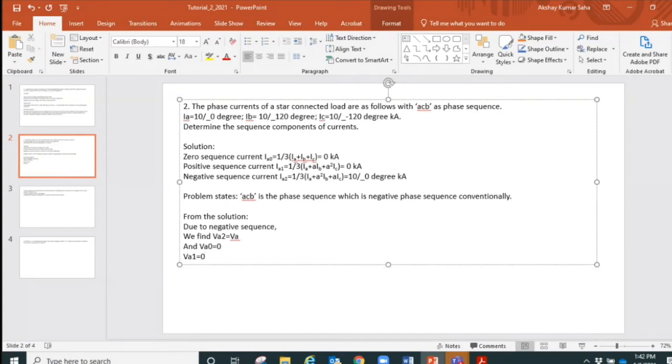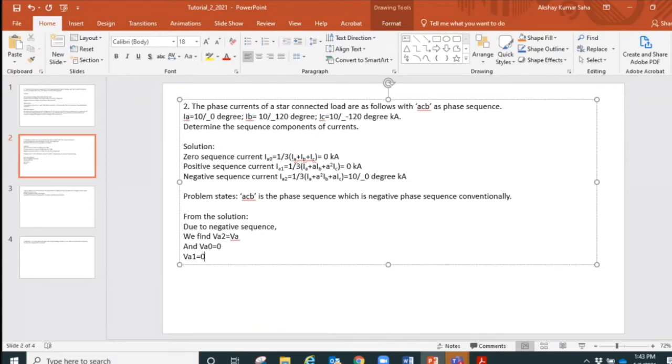So when it's a negative phase sequence, the negative sequence component will be present. The other two will be 0. When the phase sequence is negative, the system is balanced.